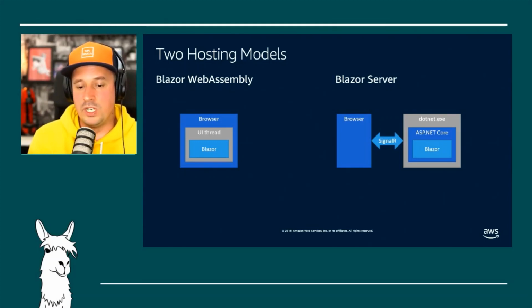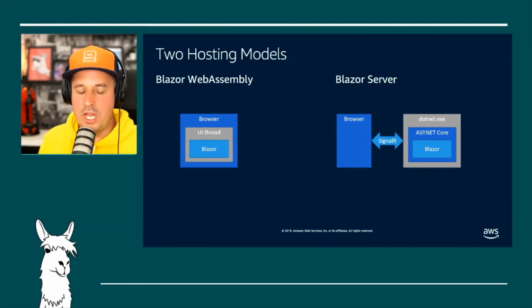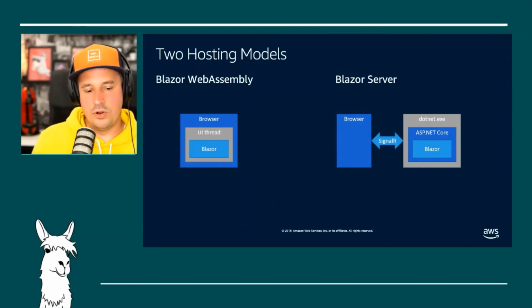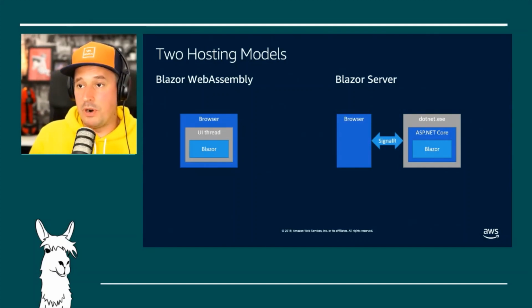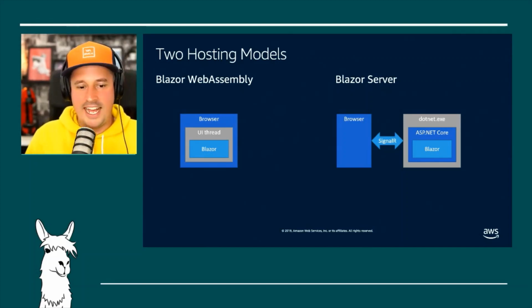applications using C#. With the WebAssembly model, what happens is it basically executes your C# application inside the browser, and it's using some really smart, clever stuff available in JavaScript to basically run and execute languages which aren't natively supported by JavaScript.